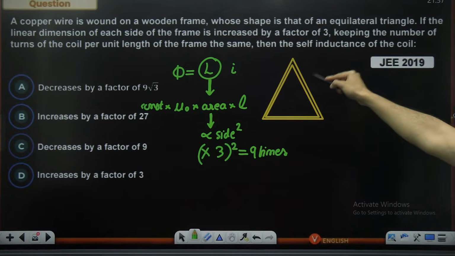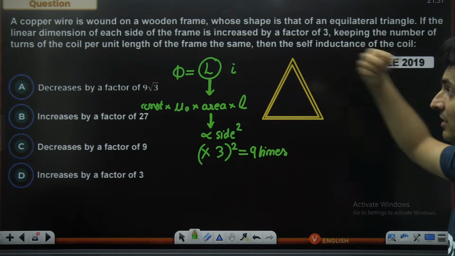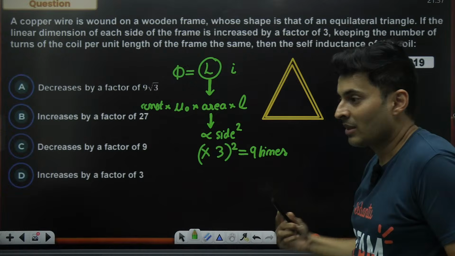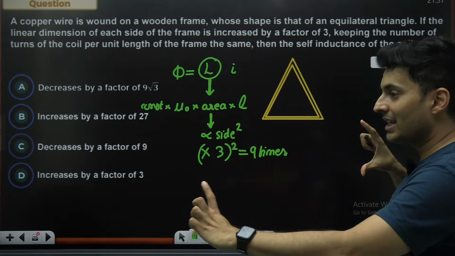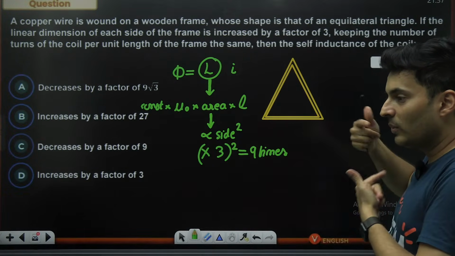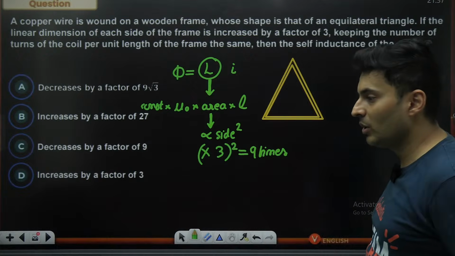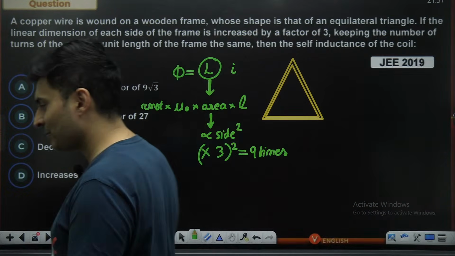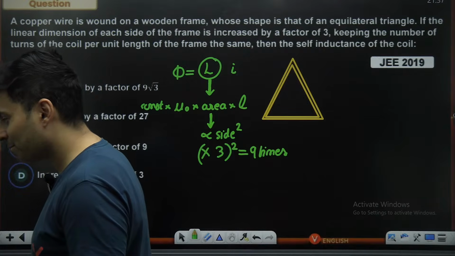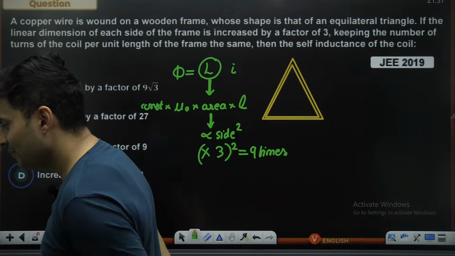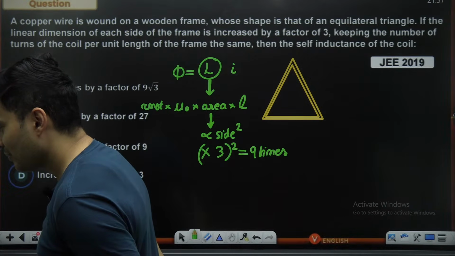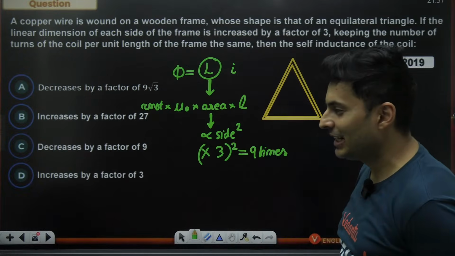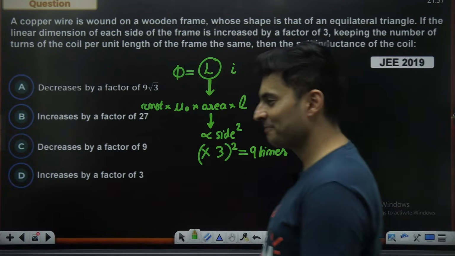If the linear dimensions are increased, keeping the number of turns of the coil per unit length the same, if you increase the length, what will happen to the number of turns? Just think about it, my dear students. Will the number of turns increase or will it decrease? Think about it.